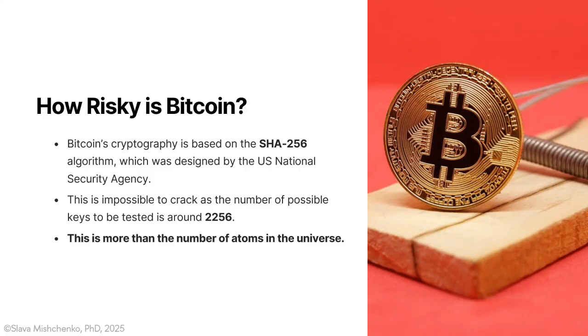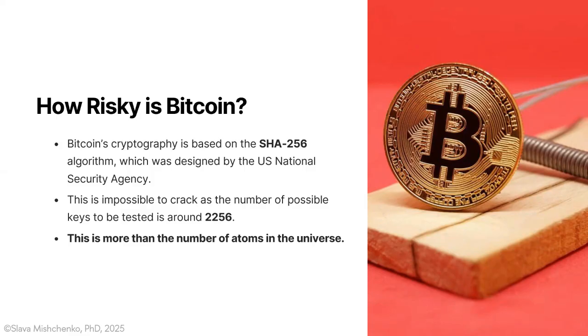But here's what makes this even more interesting: this incredible level of security isn't just theoretical. It's being tested every single day by the entire global network of Bitcoin users. And so far, the core cryptographic protocol has never been breached.